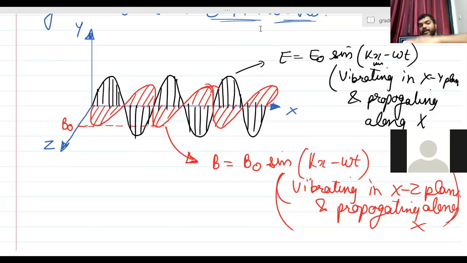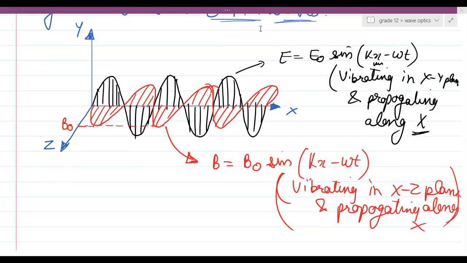One plane of vibration is like this, the other is like this, and can you see these two planes are intersecting at the x-axis? So along the direction of intersection of these two planes, the wave propagates with a speed c. And by the way, please remember c equals E naught by B naught.